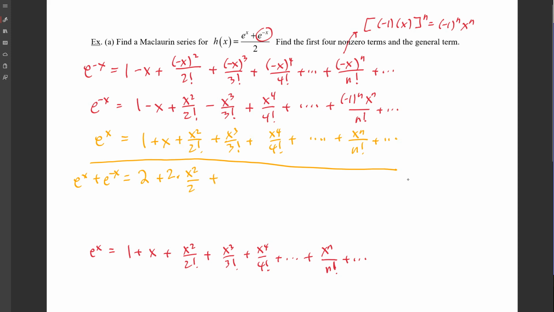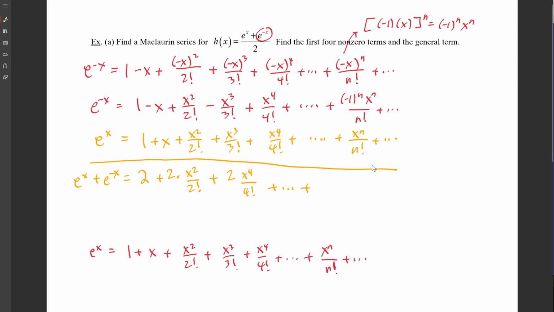These terms here will be 0. These terms here will be 2 times x to the 4th over 4 factorial plus dot dot dot plus, and really all that's happening here is that I'm multiplying all the even ones by 2, and all the odd ones are going to wipe out, right?